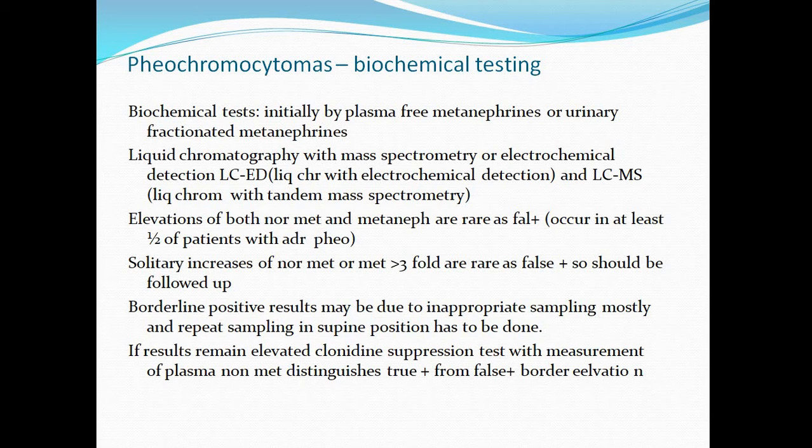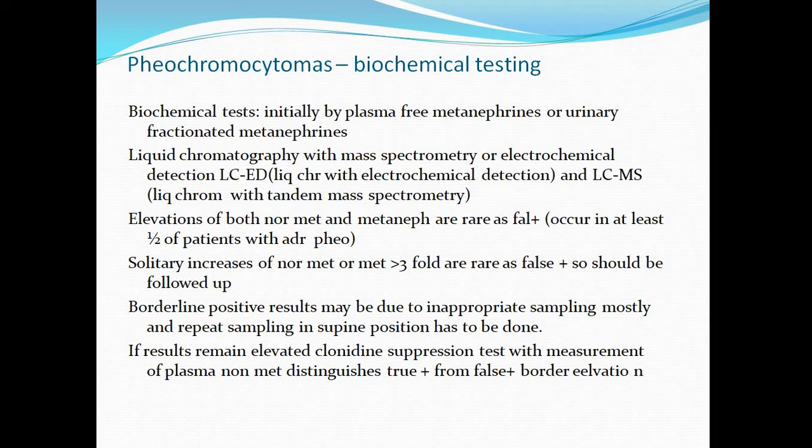You are not going to look at whether the normetanephrine or the metanephrine is elevated alone. In half of the patients, both could be elevated, or if there is an increase of more than threefold in normetanephrine or metanephrine, such cases also should be followed up.